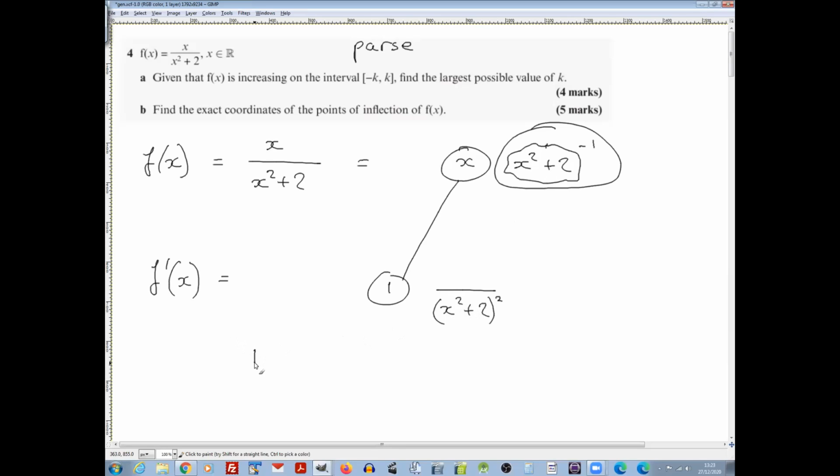So in general, take 1 over 5. If I square the bottom, what must I do to the top here?